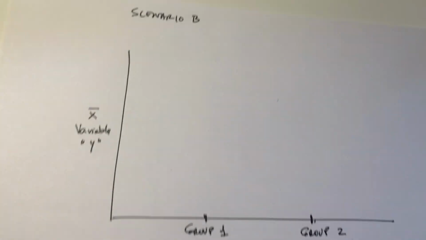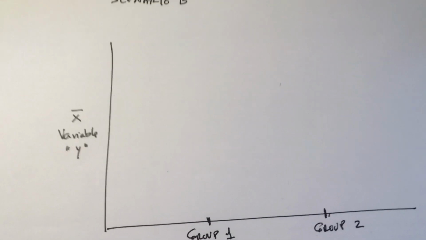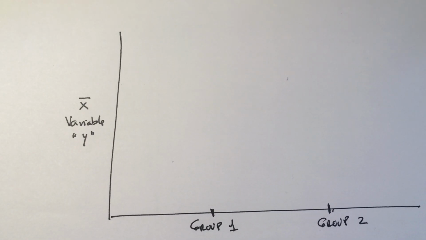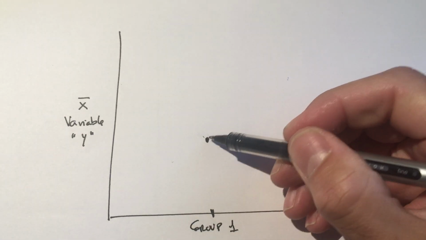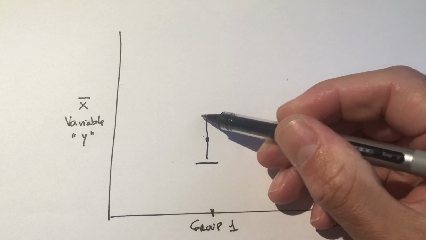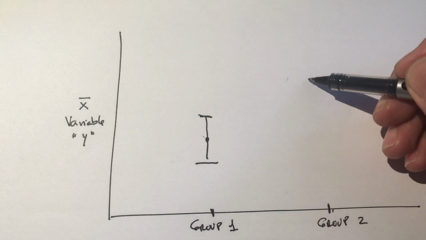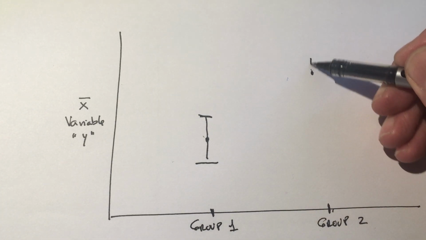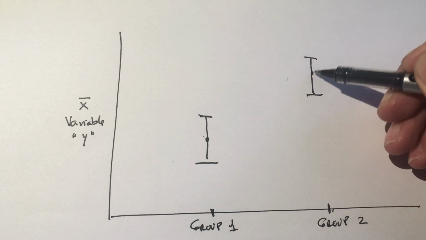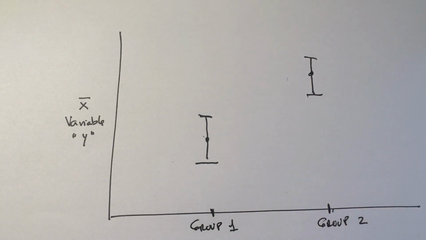scenario B. In scenario B, group 1's confidence interval might be low, and group 2's confidence interval might be higher than the other. So they don't overlap necessarily.